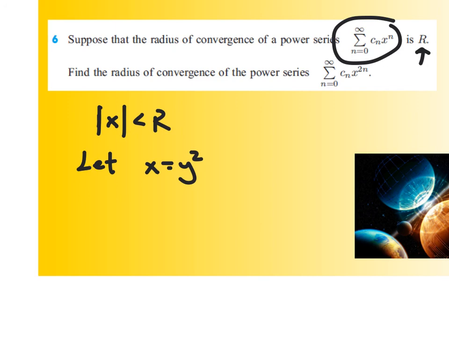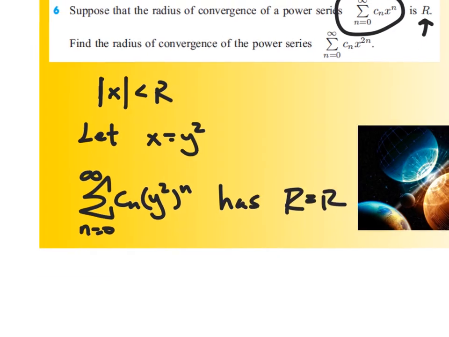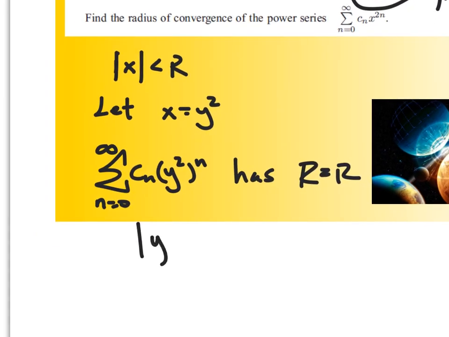So therefore, what I'd get is the sum from n equals 0 to infinity of c sub n times y squared to the n. I did a direct substitution, and we're going to say that has a radius r. Therefore, what we would know is that the absolute value of y squared would have to be less than r.